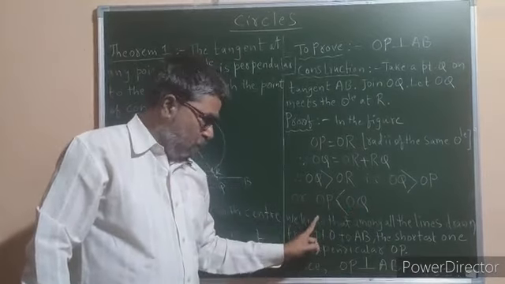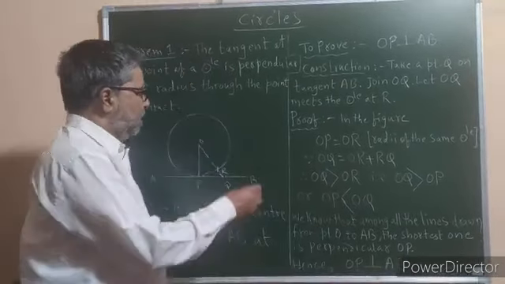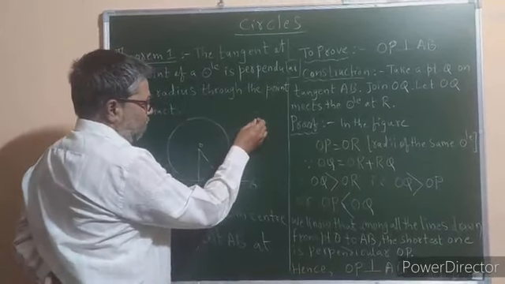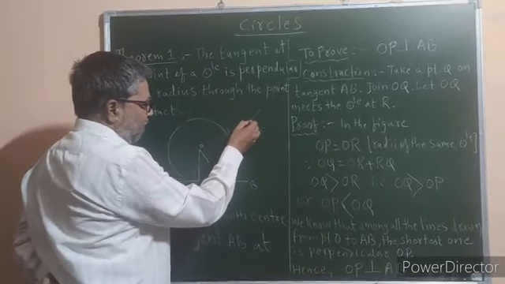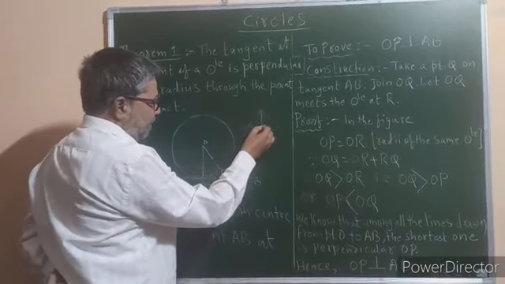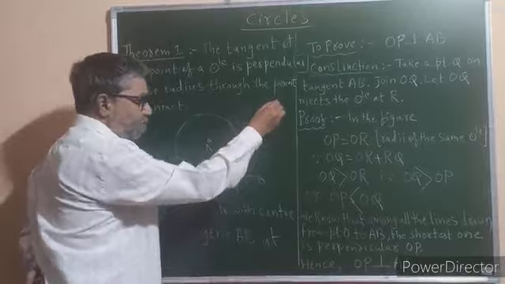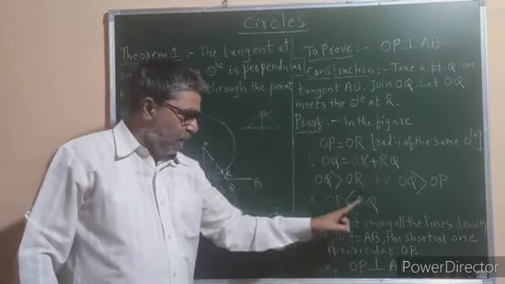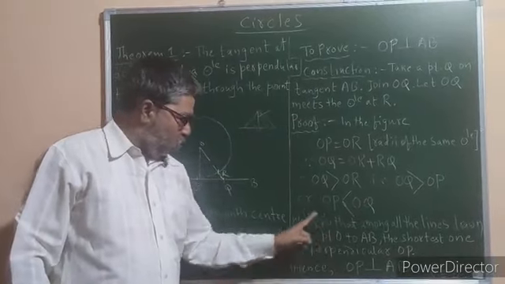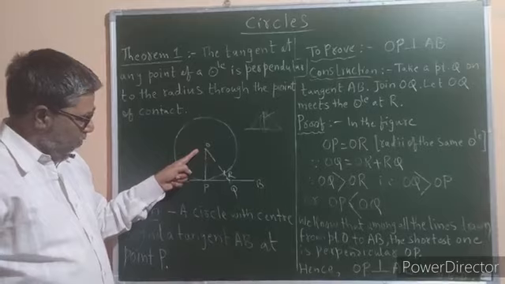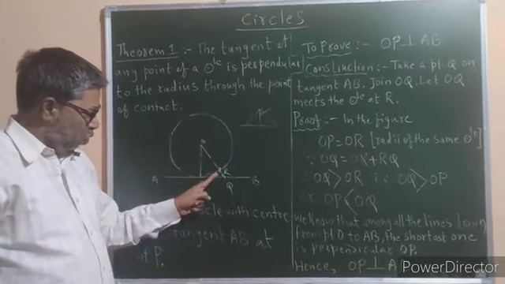We know that among all the lines drawn from an external point onto a line segment, the shortest one will be the perpendicular. In this figure, from point O we have drawn two lines OP and OQ.